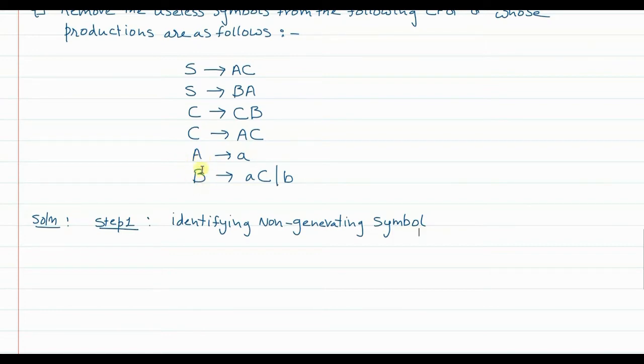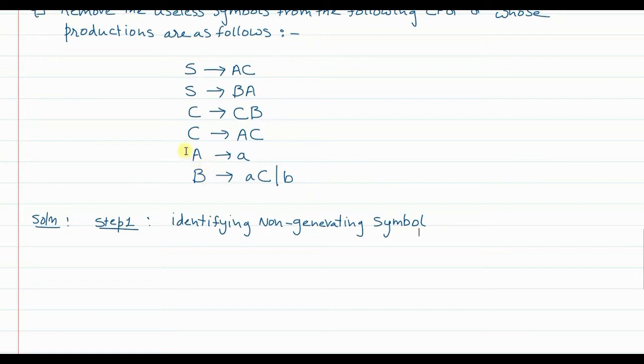Similarly, if you see non-terminal B, it has two terms. In the first term, it is not able to generate the terminal string. However, in the second term, B is able to replace itself with a terminal, and in place of capital B you get small b, a terminal string. So that's why A and B, both of them, are generating symbols. They are not non-generating.